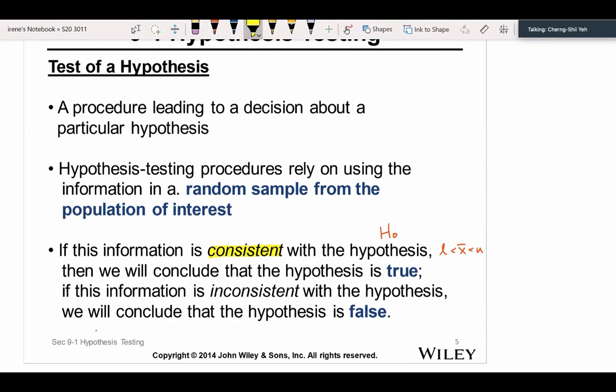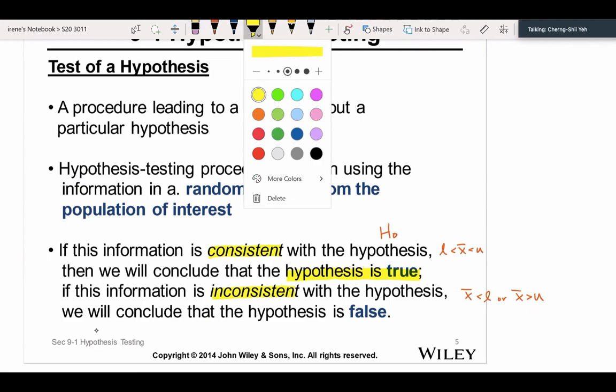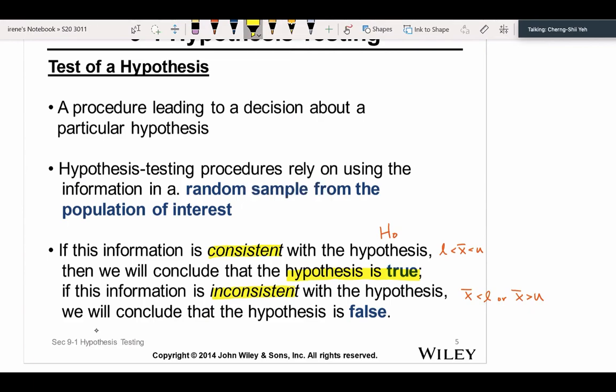If that's so, we believe null hypothesis H0 is correct, and we conclude H0. If this information is inconsistent, that means my X bar is either less than my lower bound or my X bar is greater than my upper bound. It is outside the confidence interval.